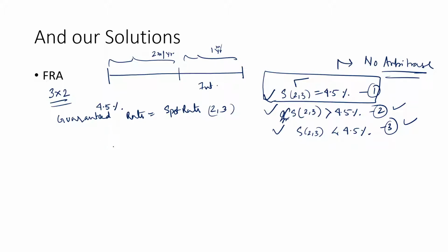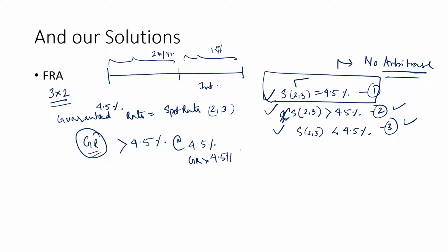As has been mentioned, suppose the guaranteed rate or the spot rate at the end of year 2 is, let's say, more than 4.5%. In this case, the FRA receiver, the one who is going to receive this guaranteed rate, will stand to benefit, because in such a situation he or she will be paying at the rate of 4.5%, and yet will be receiving a rate that is more than 4.5%.